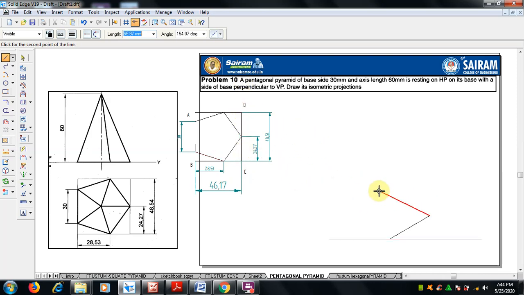CD distance and angle is 150. So CD is 48.54. I am going to draw CD here, 48.54 at an angle of 150, right?